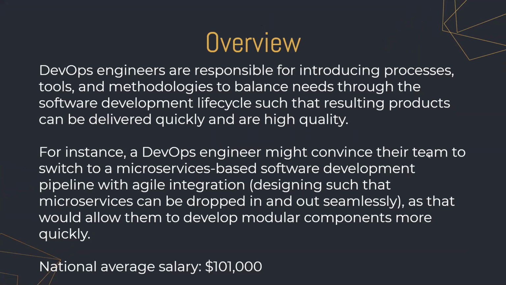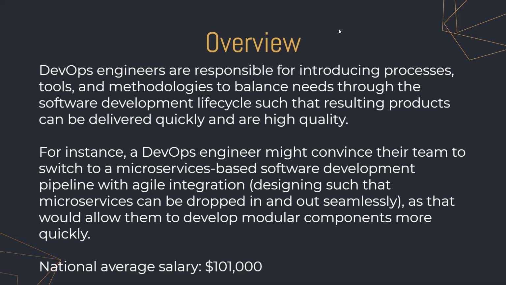So for example, a DevOps engineer might convince their team to switch to a microservices-based pipeline with agile integration. And by the way, if you don't know, microservices are like simple services that you can make requests to anywhere. And agile integration is just designing such that microservices can be dropped in and out seamlessly.